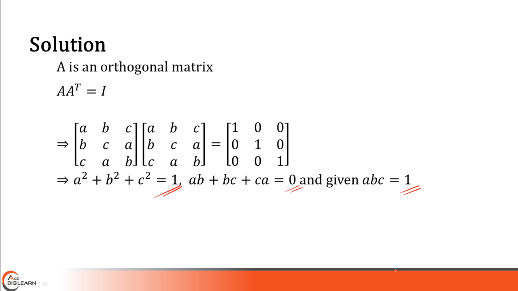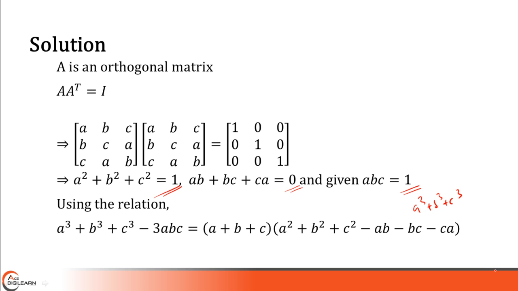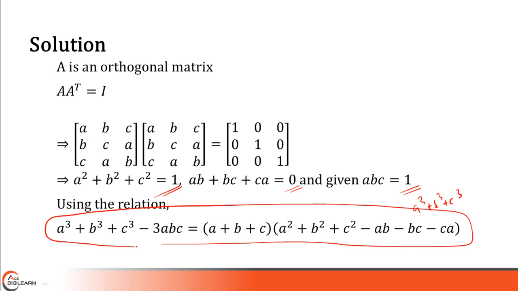Based on these three terms, we can find a cube plus b cube plus c cube using the relation a cube plus b cube plus c cube minus 3abc equals (a plus b plus c) into (a square plus b square plus c square minus ab minus bc minus ca). Hence, a cube plus b cube plus c cube is equal to 2 or 4.